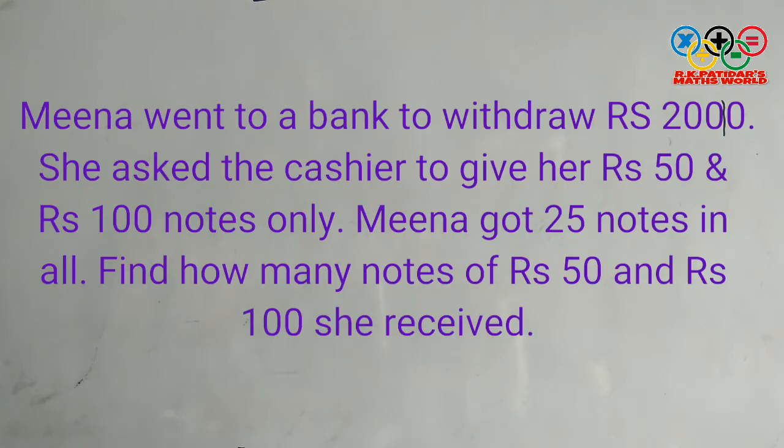Next question from exercise 3.4, question number 2, part number 4. Meena went to a bank to withdraw rupees 2,000. She asked the cashier to give her rupees 50 and rupees 100 notes only. Meena got 25 notes in all. Find how many notes of rupees 50 and rupees 100 she received. We have to find the number of rupees 50 notes and rupees 100 notes.